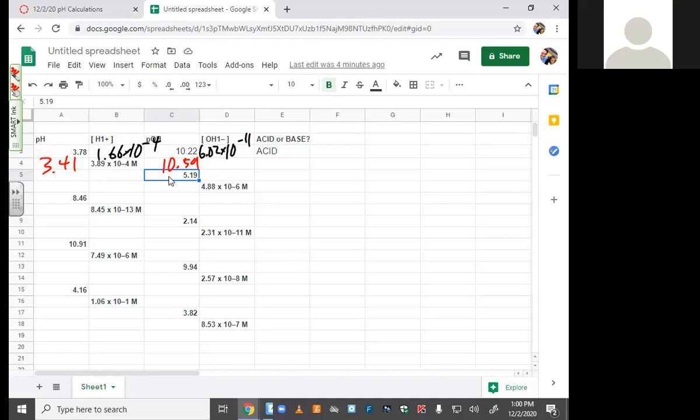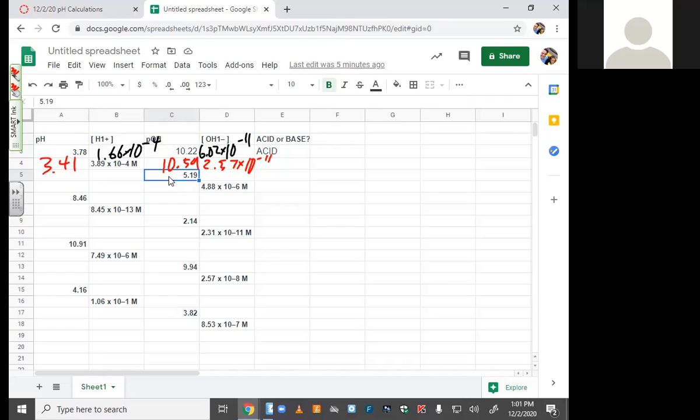You do 10 to the negative pOH equals OH. So second log, negative 10.59, smash enter. 2.57. Don't forget your times 10 to the negative 11.